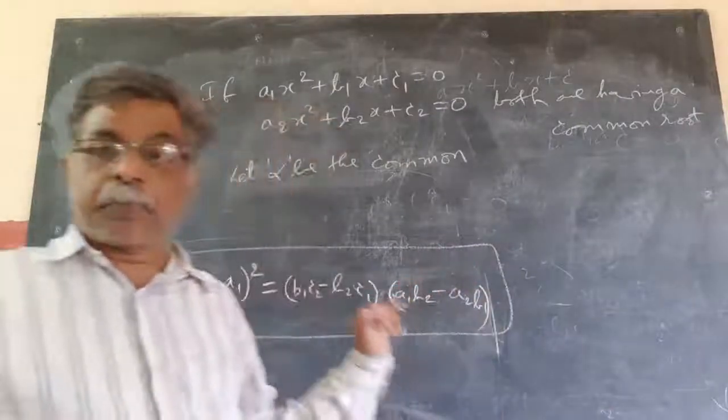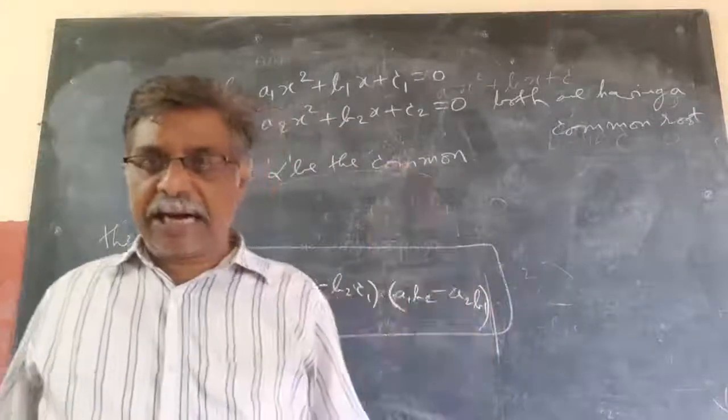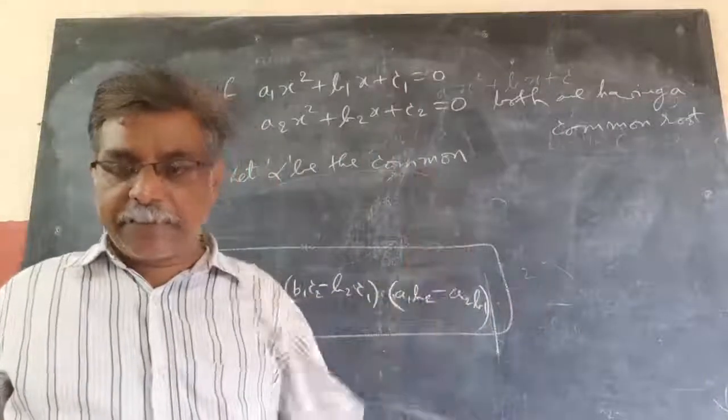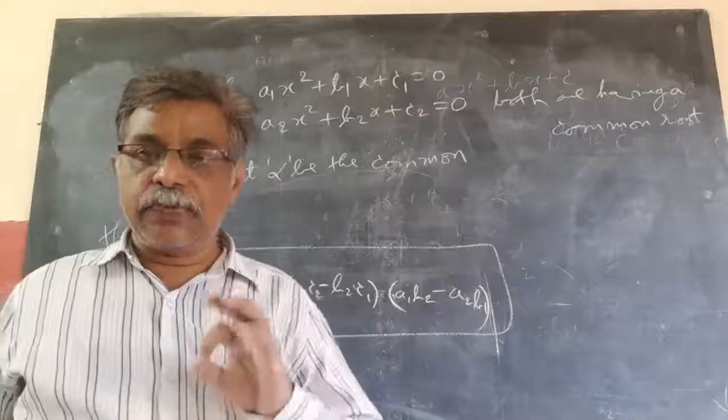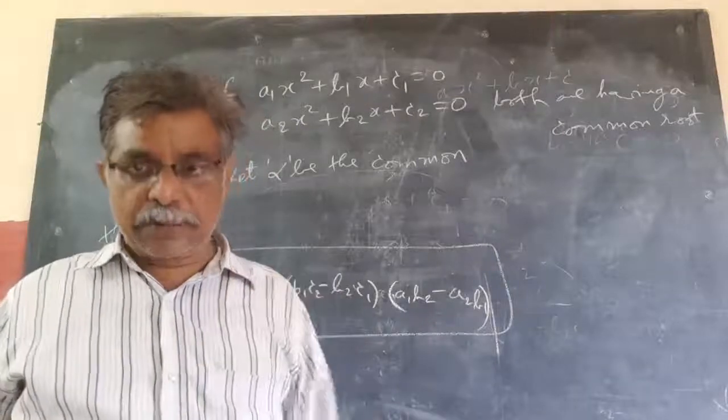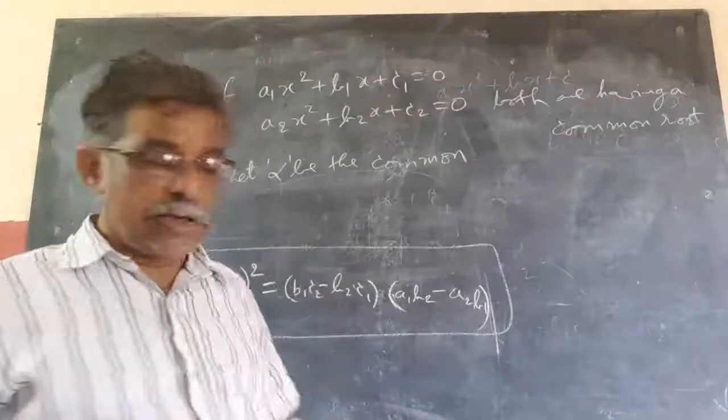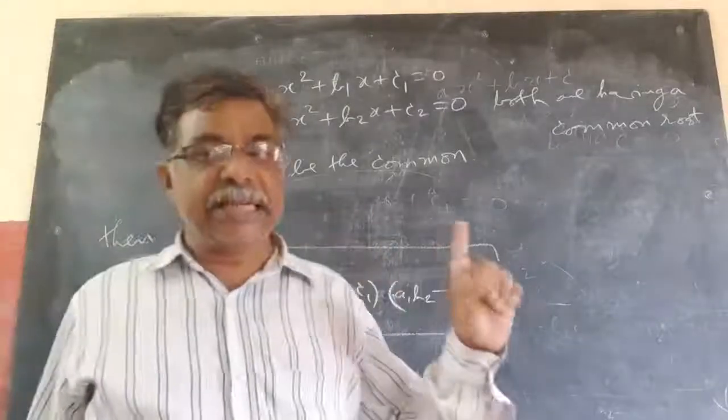But remember the procedure I told: let alpha be the common root, use elimination or cross multiplication, and find alpha or alpha square, which is very useful in objective questions. We will discuss one or two sums on this, then you can come to know why that procedure is important.